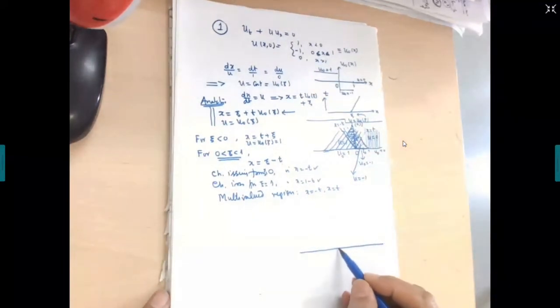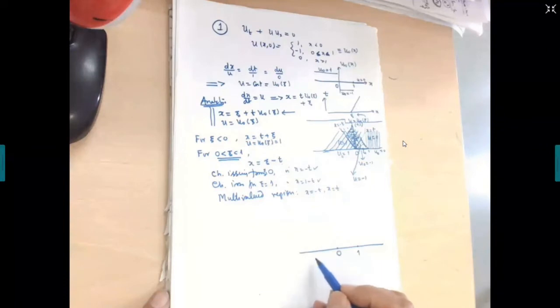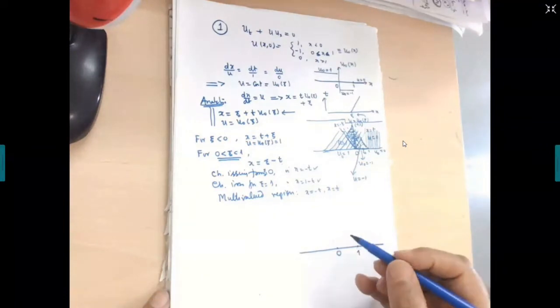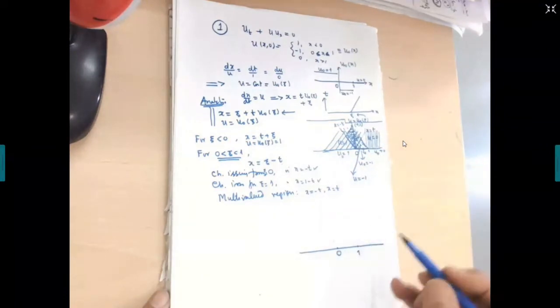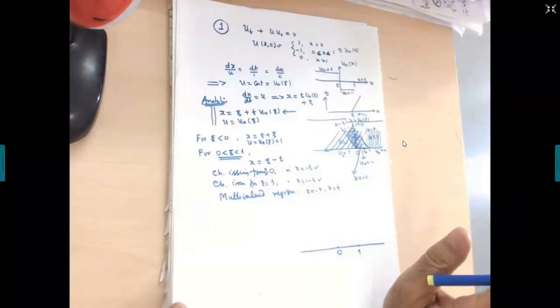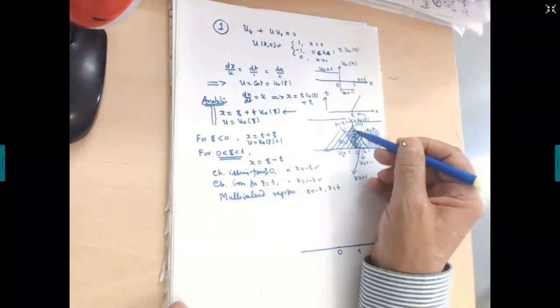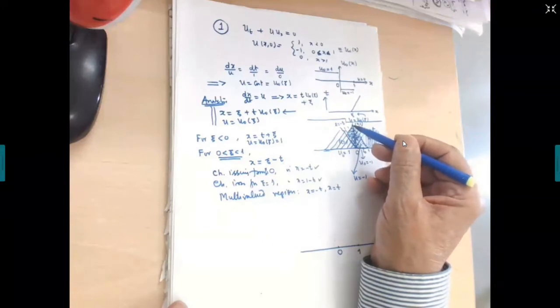So let me write, this is your 0, this is your 1, and here on the left. All right, this is the scenario. So it is very clear that the solution, in fact, this interaction stops here.